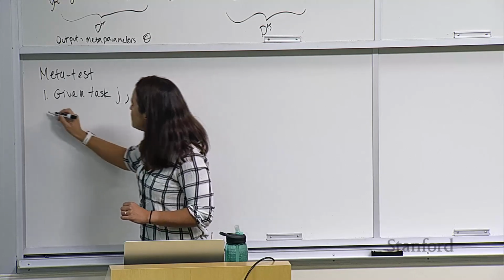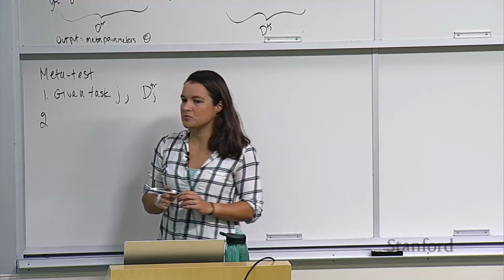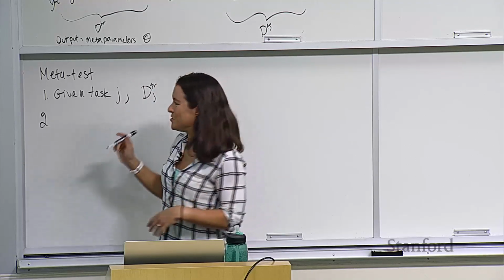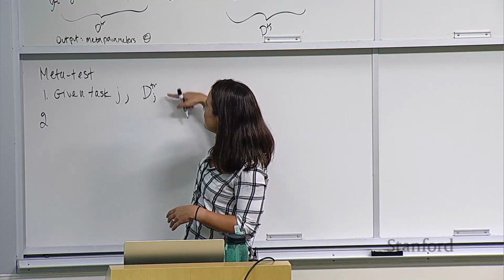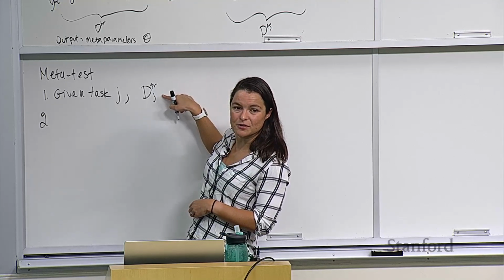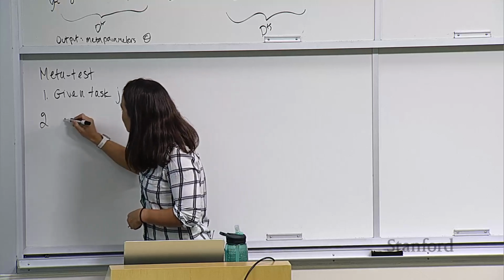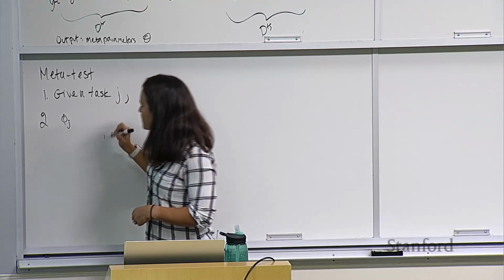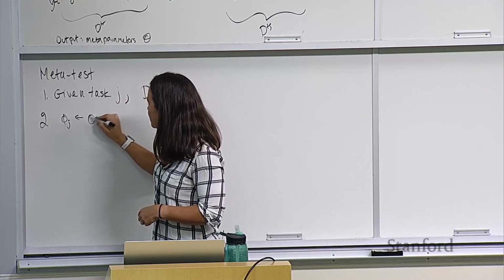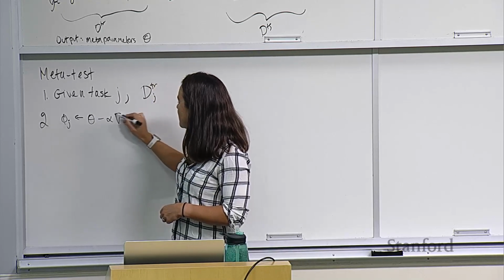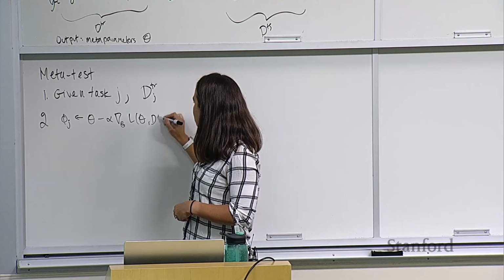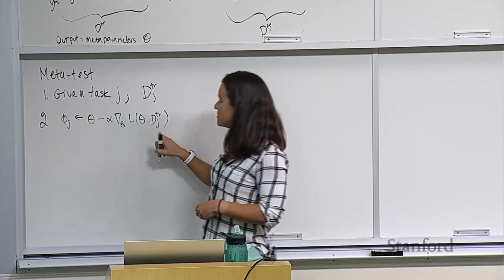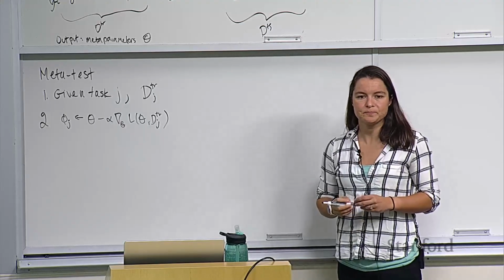So what we're going to do is run gradient descent. We're basically just going to run fine tuning starting from meta parameters theta on the training data that we have for our new task. So our estimate for the parameters for task J is going to correspond to theta minus alpha grad theta of the loss function for the training data set.